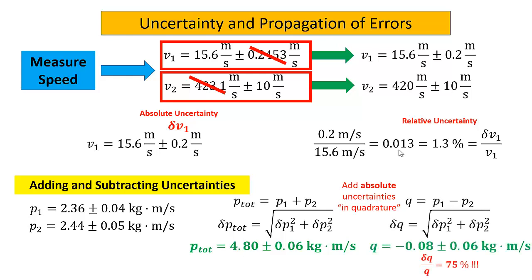If I were to take the difference between 2 measured values, I would do actually the same thing. The uncertainty in this quantity that I'm calling Q here would again be the uncertainty in P1 squared plus the uncertainty in P2 squared, and then take the square root of that whole thing. Now you have to be a little careful when taking the difference between measured values, because in this case, the difference between those measured values is a really small quantity, negative 0.08 kilograms meters per second.